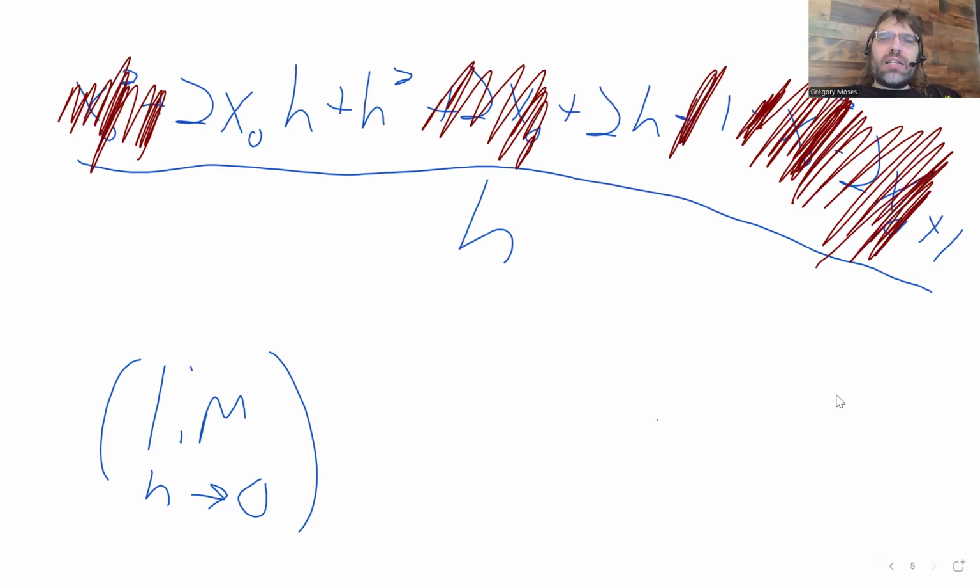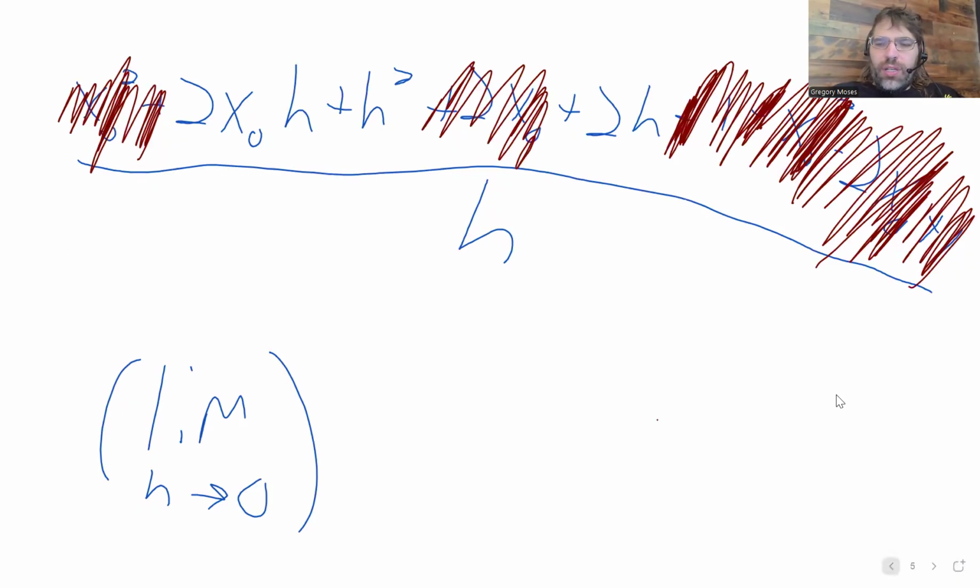We've got minus 1 and positive 1. And now the limit as h approaches 0.